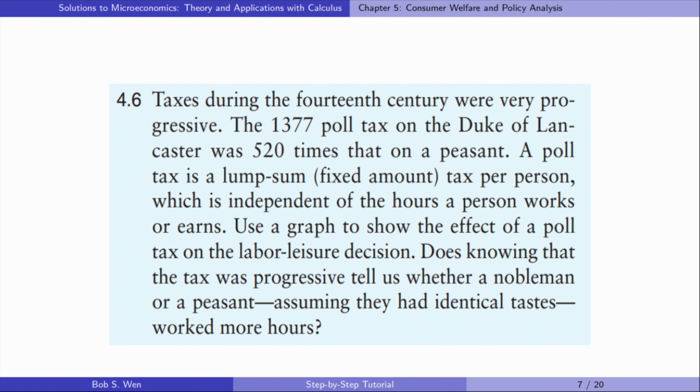A poll tax is a lump sum tax per person, which is independent of the hours a person works or earns. Use a graph to show the effect of a poll tax on the labor-leisure decision. Does knowing that the tax was progressive tell us whether a nobleman or a peasant, assuming they had identical tastes, worked more hours?